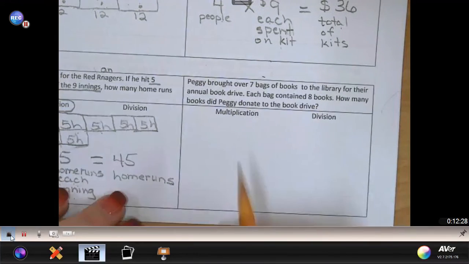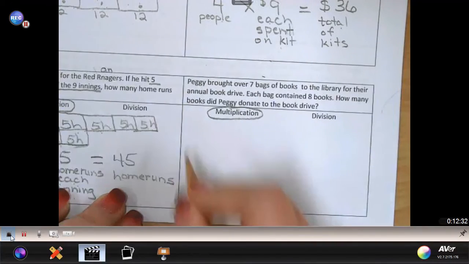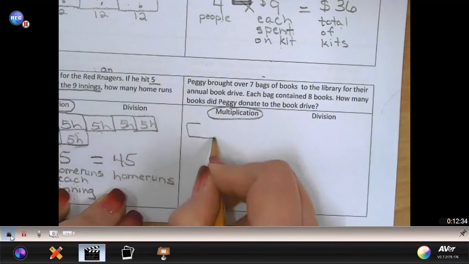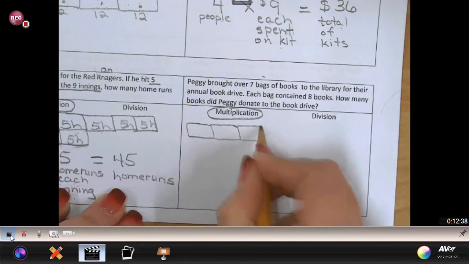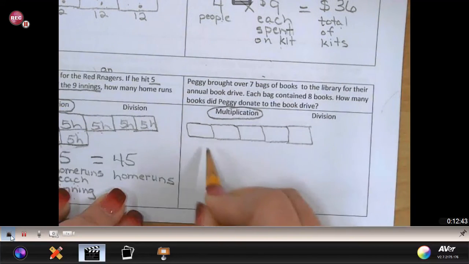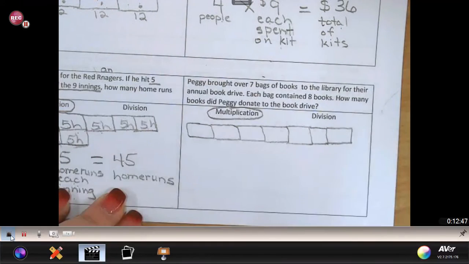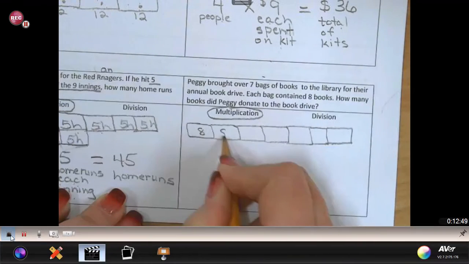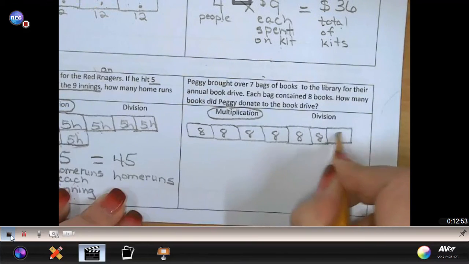So this is another multiplication, and we're going to use the bags as the groups, and we have 7 of them. So I have 5, and then 6, and then 7. And there's 8 books in each bag.